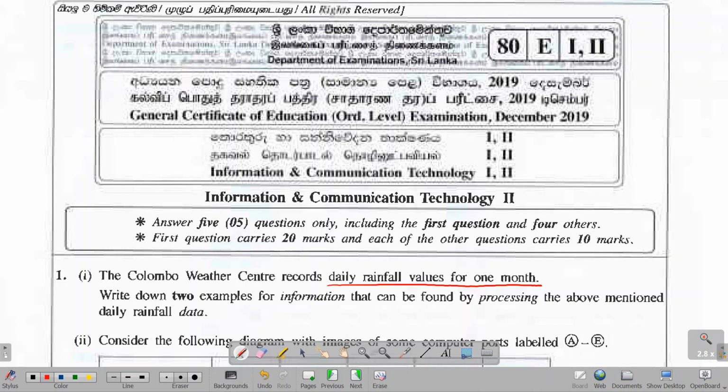So we can take the total rainfall for the month, you can take the average rainfall for the month, you can take the maximum rainfall, you can take the minimum rainfall, you can take the mean of the rainfall, right? So likewise different kinds of information can be generated from the data that they are collecting over 30 days of period, right?